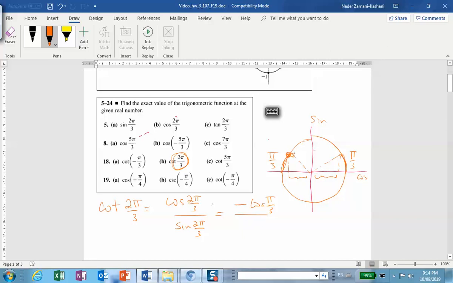So this is the same as sine of pi over 3. And since you know everything about these, this is going to be minus 1/2 over root 3 over 2, and this is minus 1 over root 3. The other one was plus 1 over root 3. The first one was plus 1 over root 3. Let's do the next one.